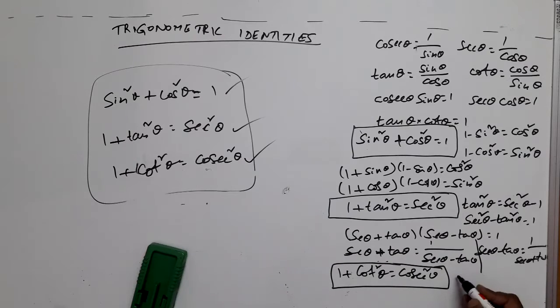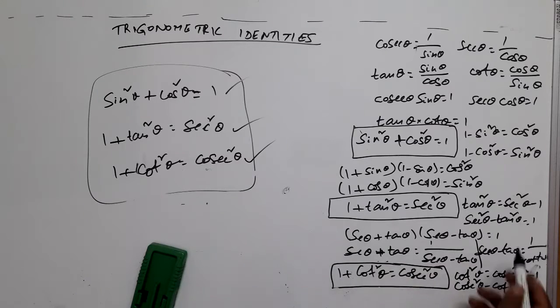From this, of course, what can I write? In the same way, if I proceed, I can write cot square theta as cosecant square theta minus 1, subtracting 1 from both sides. Yes, so cot square theta can be written as cosecant square theta minus 1. In the same way, cosecant square theta minus cot square theta can be written as 1, right?